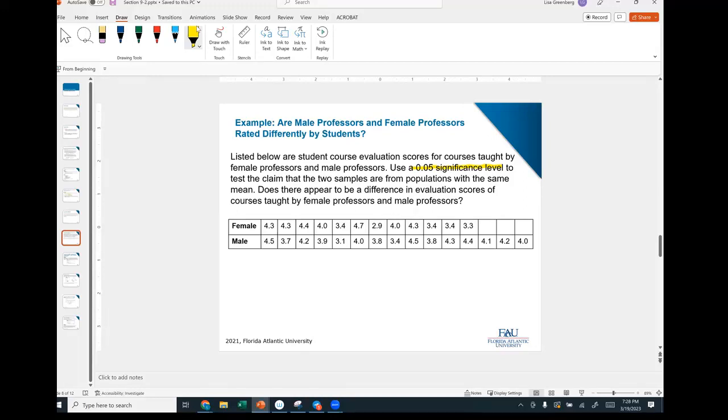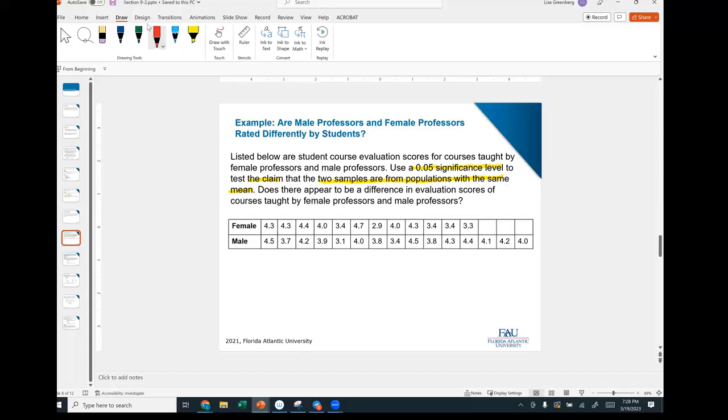Remember, the claim is that the two samples are from populations with the same mean. Then, does there appear to be a difference in evaluation scores of courses taught by female professors and male professors?